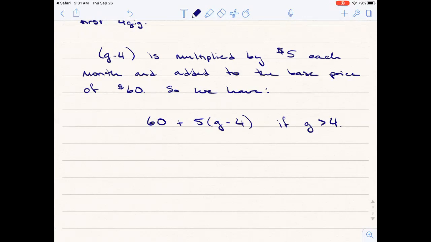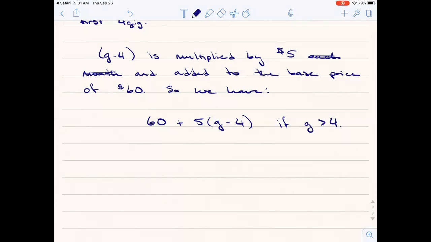G minus 4 is multiplied by $5 each month, but we can actually ditch the "each month." It doesn't add anything. Should it be G greater than or equal to 4? If you use exactly 4 gigs, it would be 60. So it's just greater than 4, because even at 4 we're just charged 60.